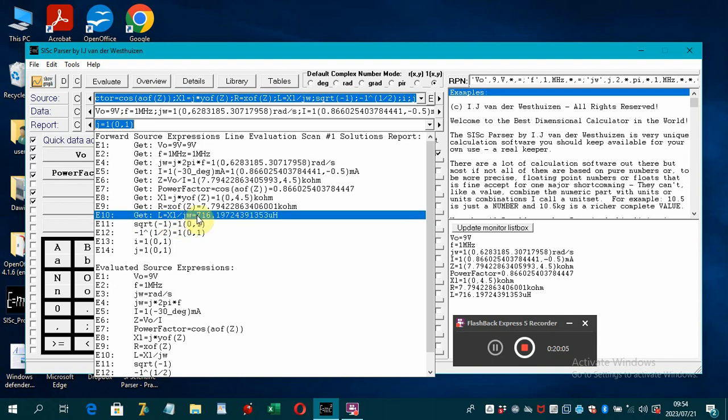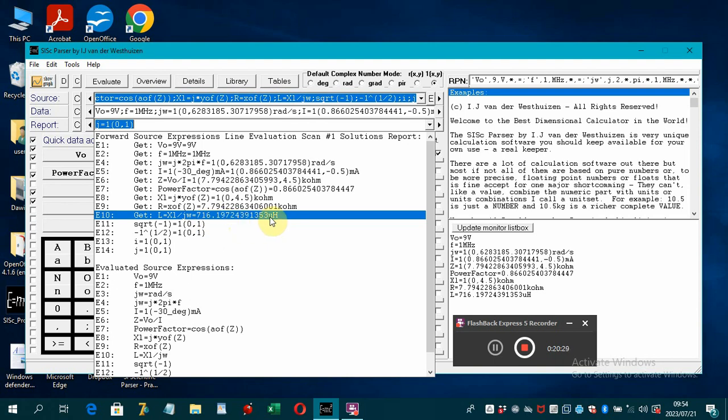And the parser knows the units, as you'll see now: 716.197 micro Henry. Now that's very smart. The parser doesn't only know the unit is Henry, it also knows that it should scale it to micro Henries due to the size of the value.